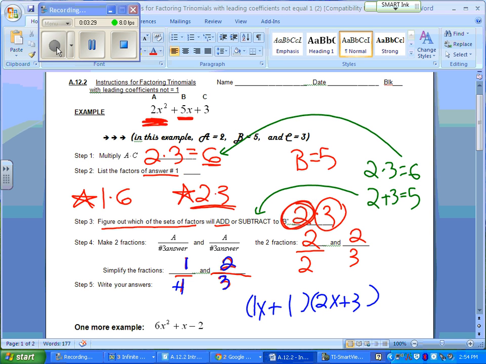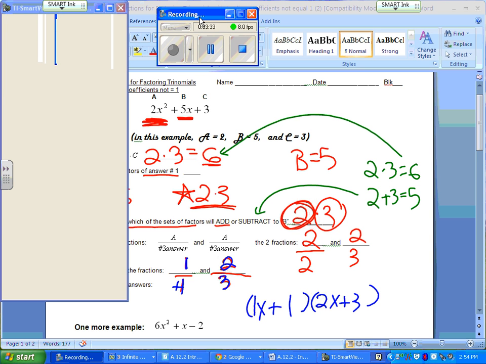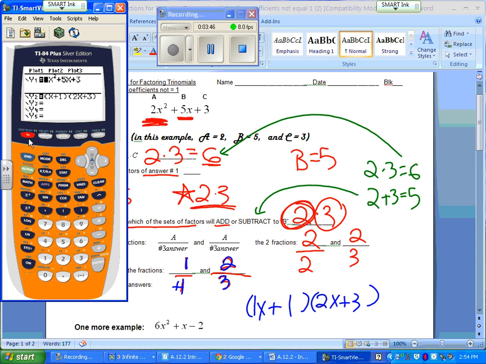Now to check this, you're going to graph it with your calculator. Move this over. In y1, we're going to put 2x squared.